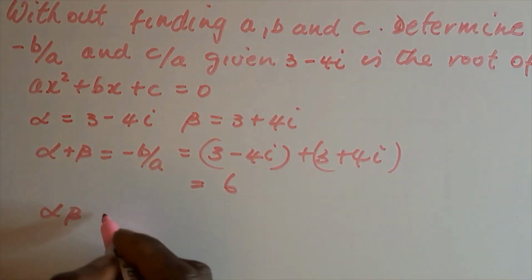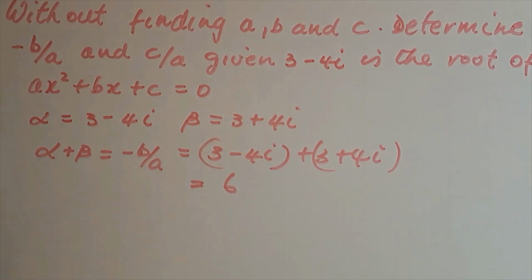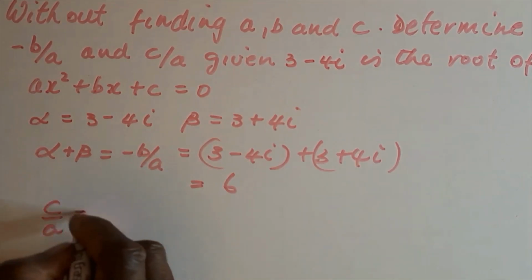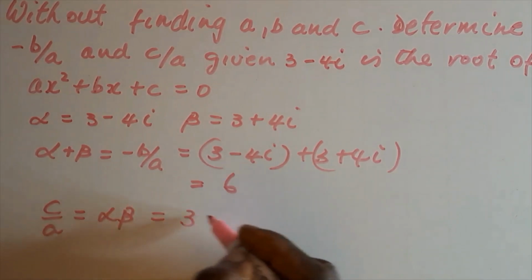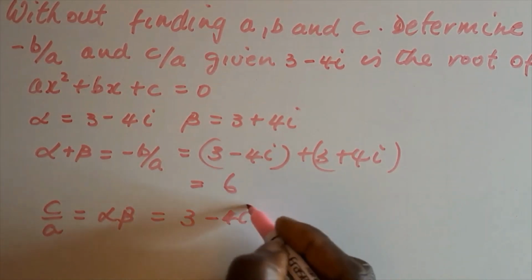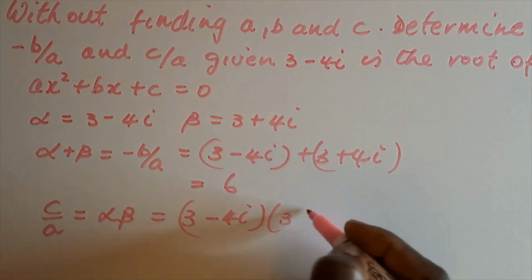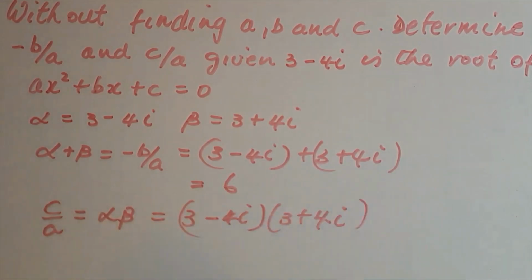Alpha beta, or we can write c over a is equal to alpha beta, and it's equal to 3 minus 4i times 3 add 4i.